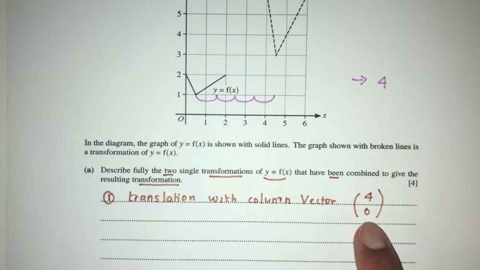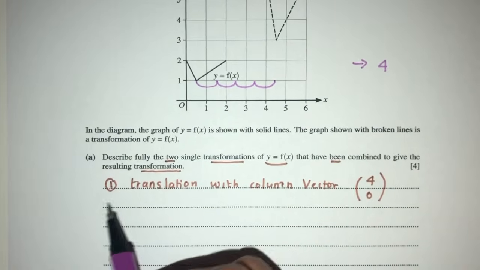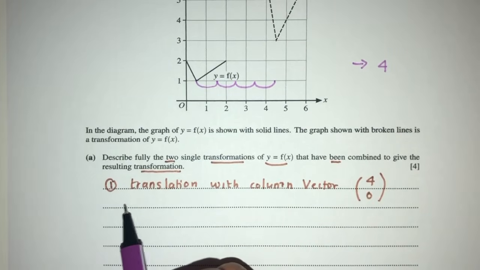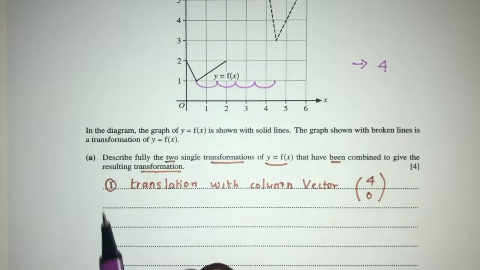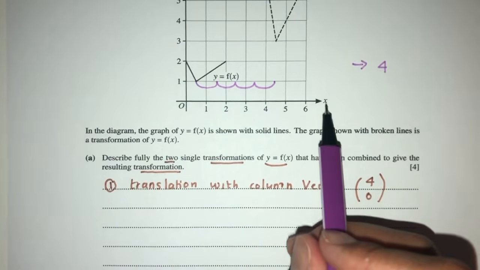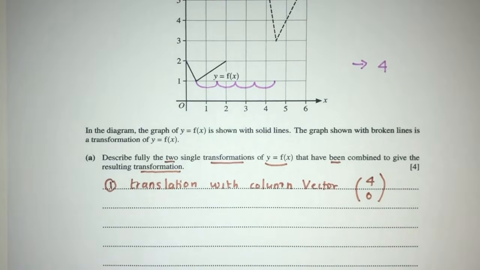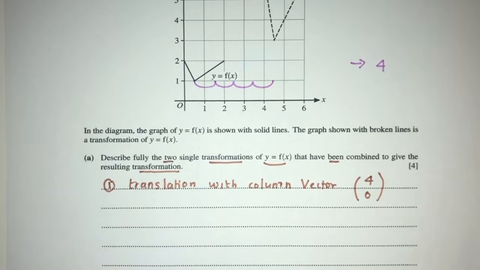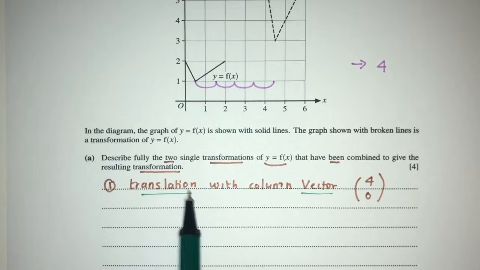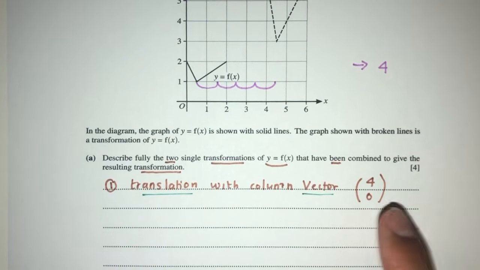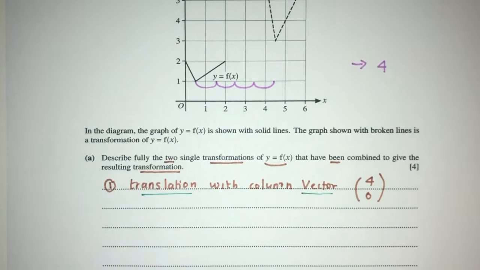It is only moved to the right by plus 4. So that is part 1 either way, a translation with this vector. You have to provide this as well for the part of the answer.